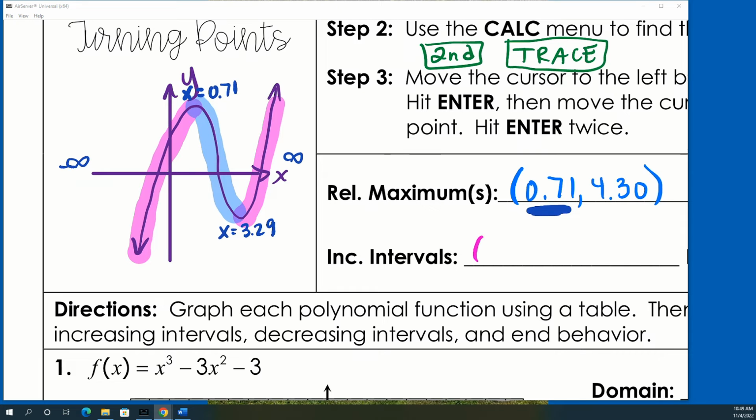Okay. So my first increasing interval, at the very end of the function on the left, I know that it starts increasing. So as far as I can go to the left is going to be my negative infinity. And I'm going to be increasing until I get to this x value, which is 0.71.